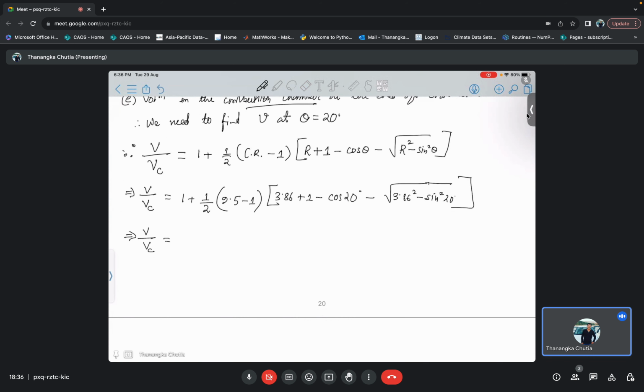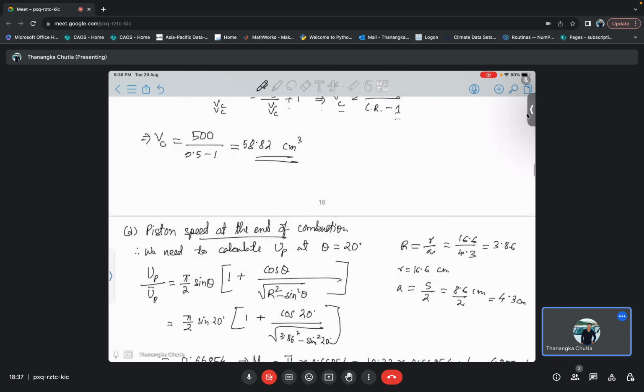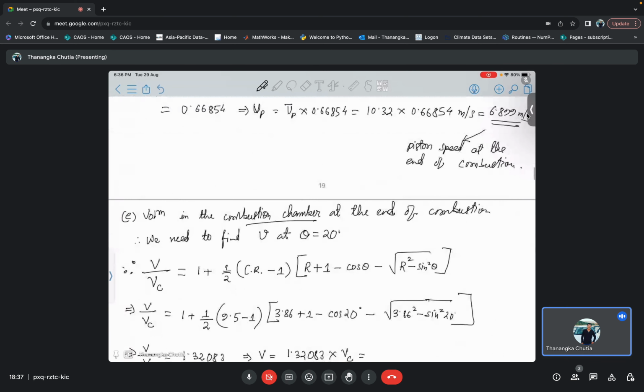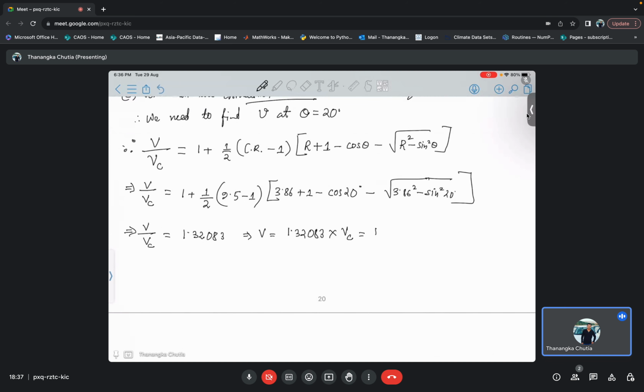So V by Vc is equal to 1.32083. Okay, so from here V is equal to 1.32083 into Vc. And what is your Vc? 58.82. Okay, 1.32083 into 58.82 centimeter cube.